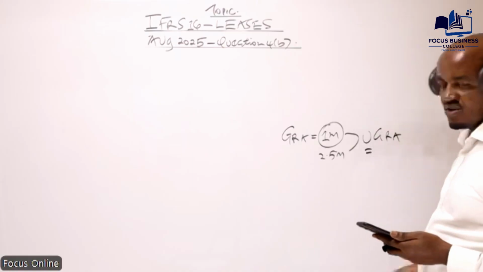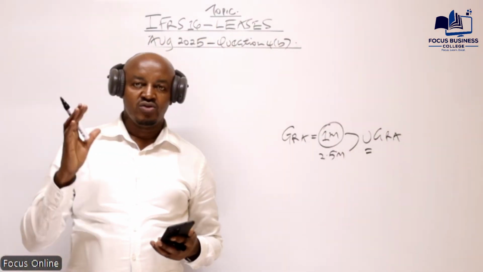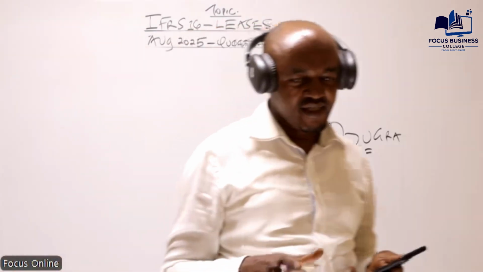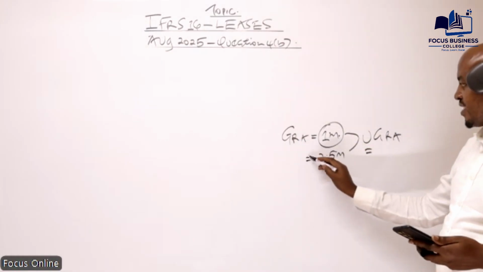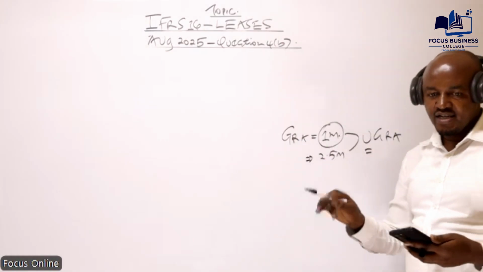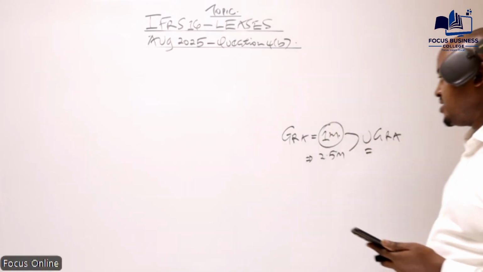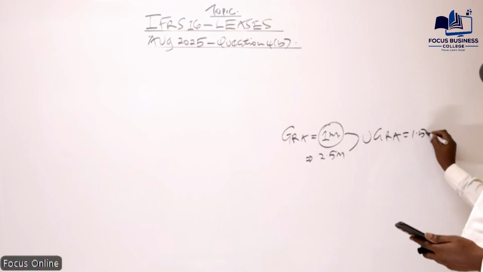So who can tell us what would be the unguaranteed residual amount from this information? So Fgg Limited is promising the owner that if he buys the asset at the end of the lease term, he will buy that asset at 1 million. So the owner of the asset believes that if he offers that asset in an open market, he will be able to get a buyer at 2.5 million. So automatically the unguaranteed residual amount is 1.5.